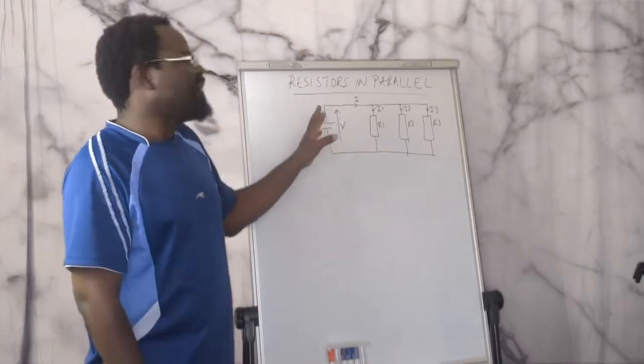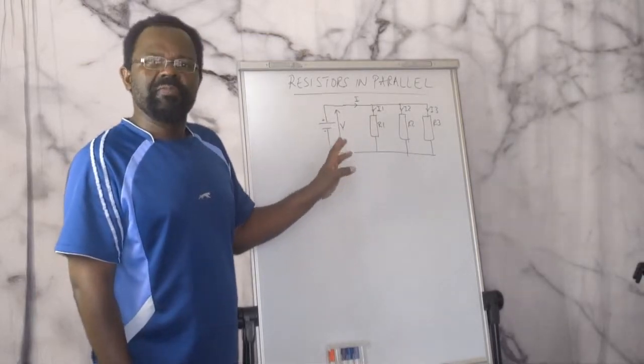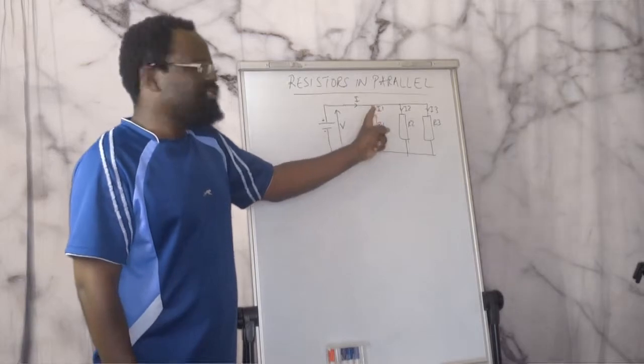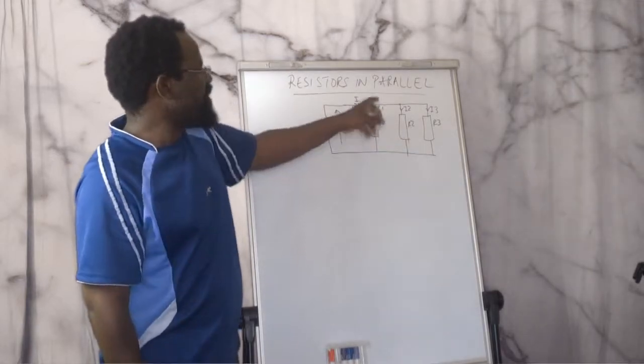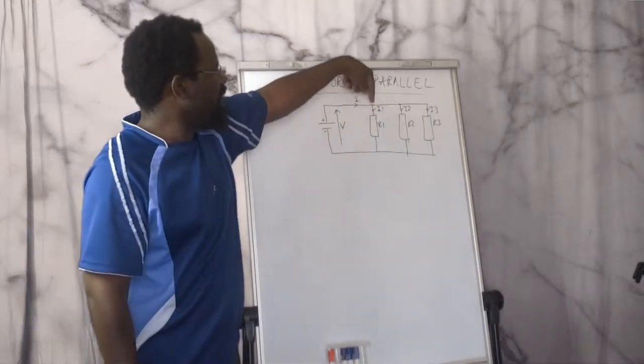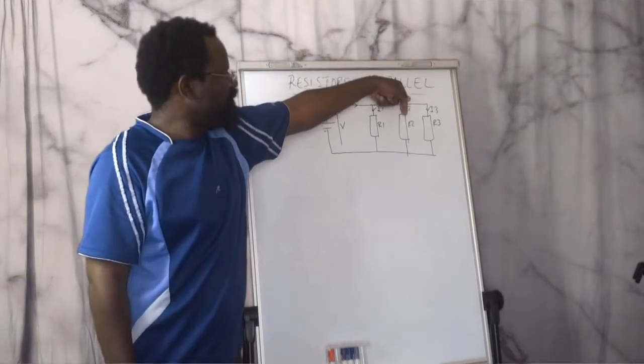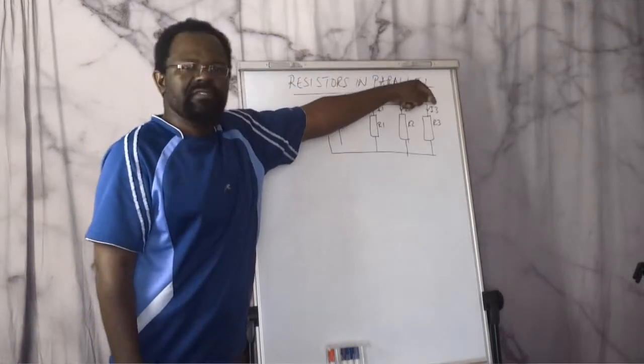And with respect to current, when current gets to junction number 1, it splits into I1 going there and the other one goes there, then I2 goes there, and then the other one, I3, goes there.